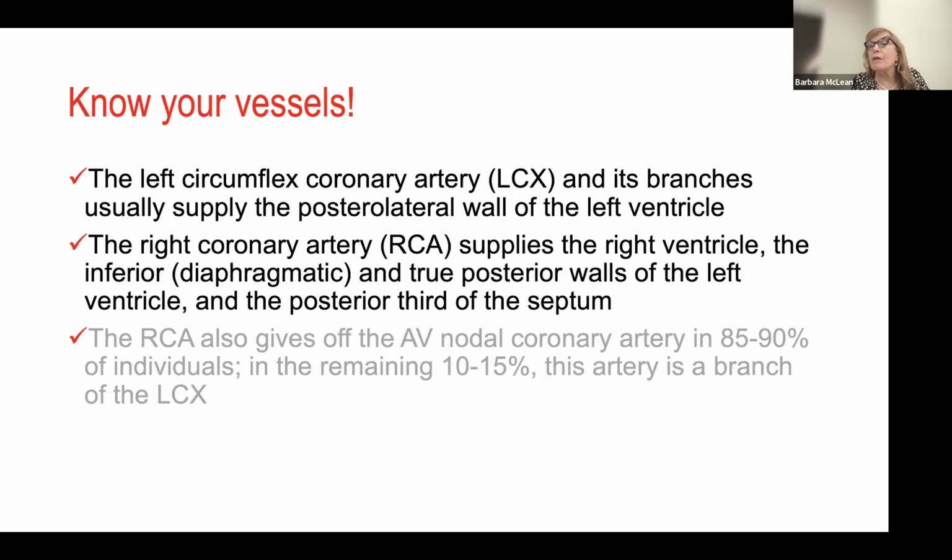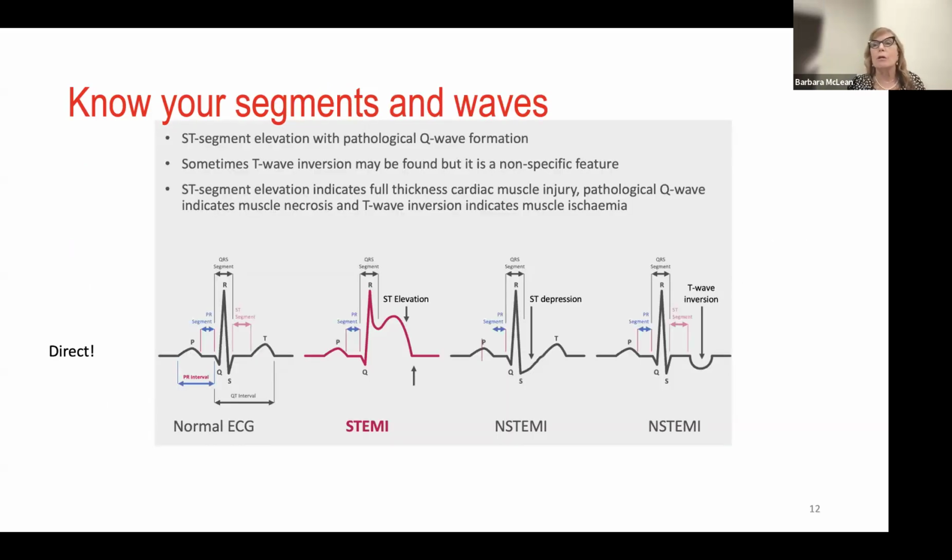When I see inferior changes on EKG, I'm always going to look at the posterior surface. It's never right to assume that you just have a lateral infarct or just an inferior infarct. You always need to consider the possibility of involvement of the posterior wall.